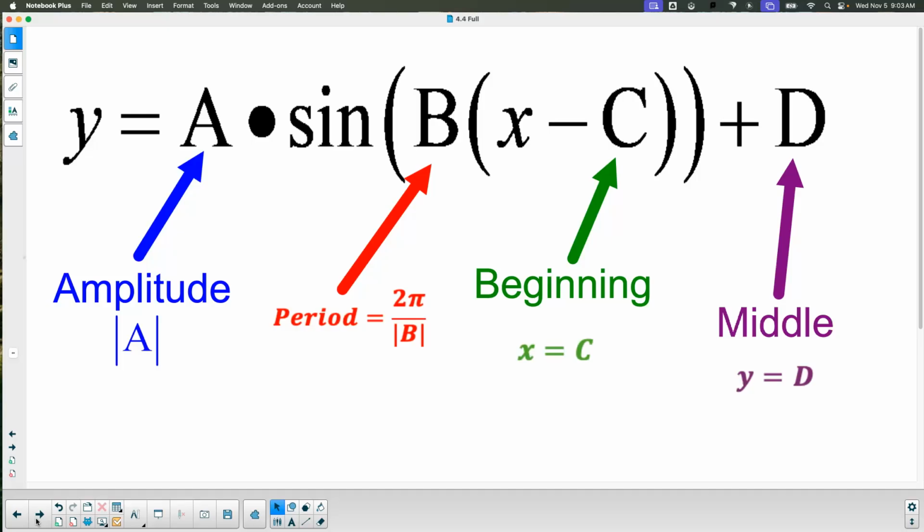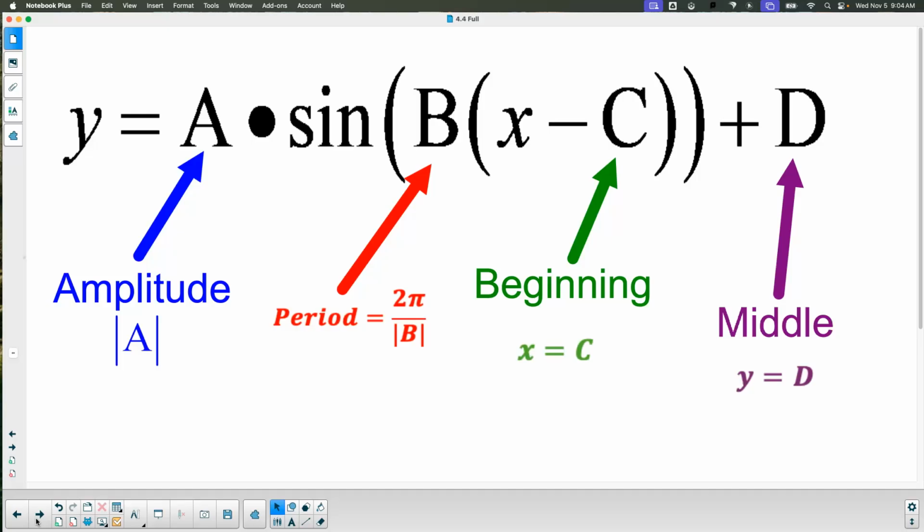B. What does B control? The period. What's the period? The accordion. So it's the horizontal distance. Okay. So B controls your horizontal distance.